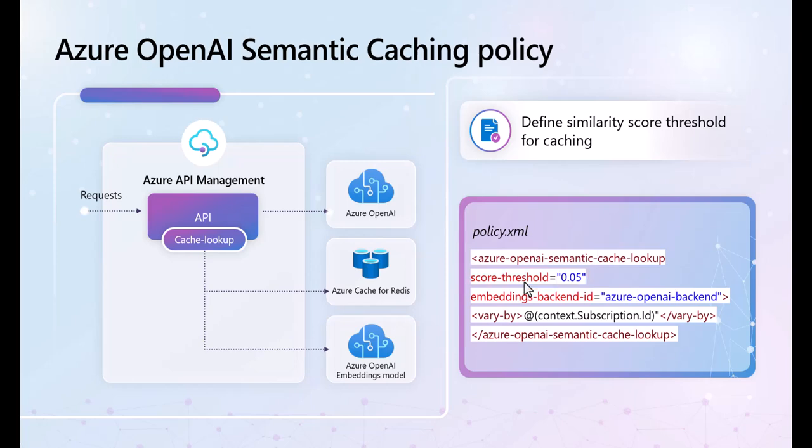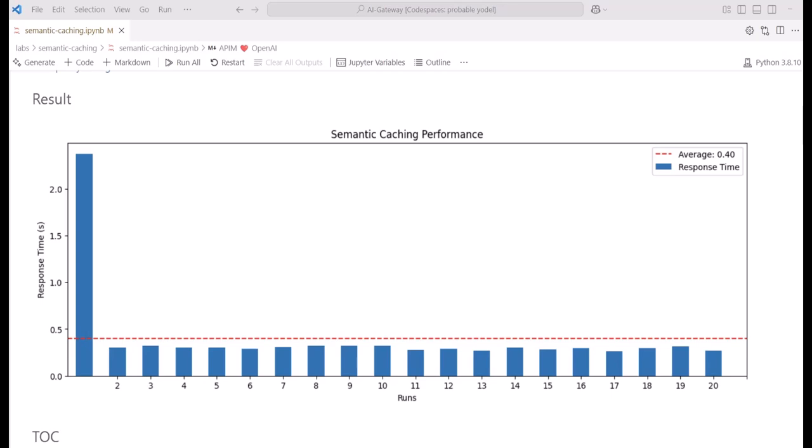Based on the result of the vector search, this policy will retrieve the completion that will be passed back to the user. With these two policies, you will be enhancing your GenAI system's efficiency and performance by reusing completions, reducing latency, and the overall cost of your API calls.